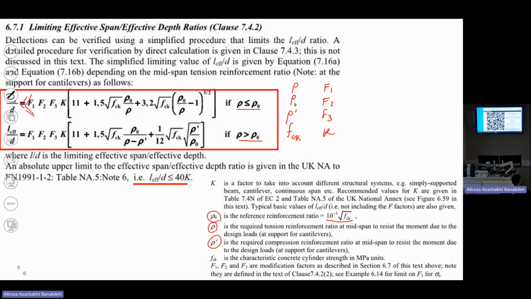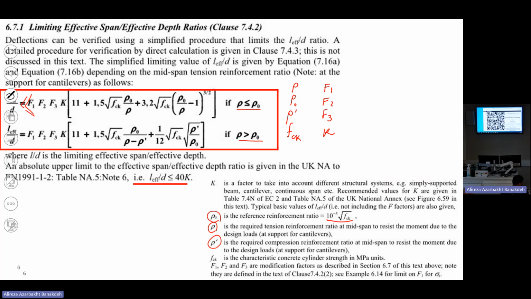For example, you can change the breadth of your section, but it's not as effective as changing the height of your section, because as you know, the second moment of inertia is 1/12 bh cubed. So b is a player, but h is a strong player. If you increase h a little bit, it will have a significant influence compared to increasing b.